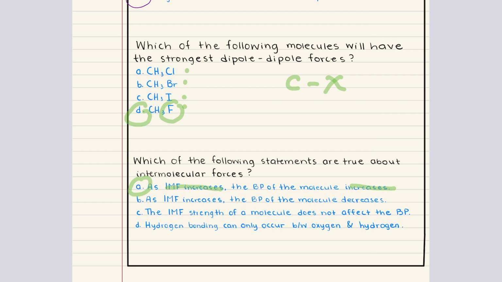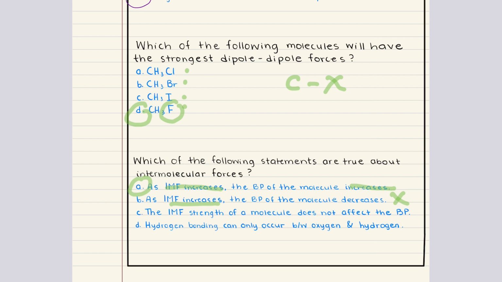We're still going to read B, C, and D. B says, as intermolecular forces increase, the boiling point of the molecule decreases. This is incorrect for the reasons that we just stated. C says the intermolecular force strength of a molecule does not affect the boiling point. This is also false. We just said that there is a direct relationship. As intermolecular forces increase, the boiling point of the molecule also increases.